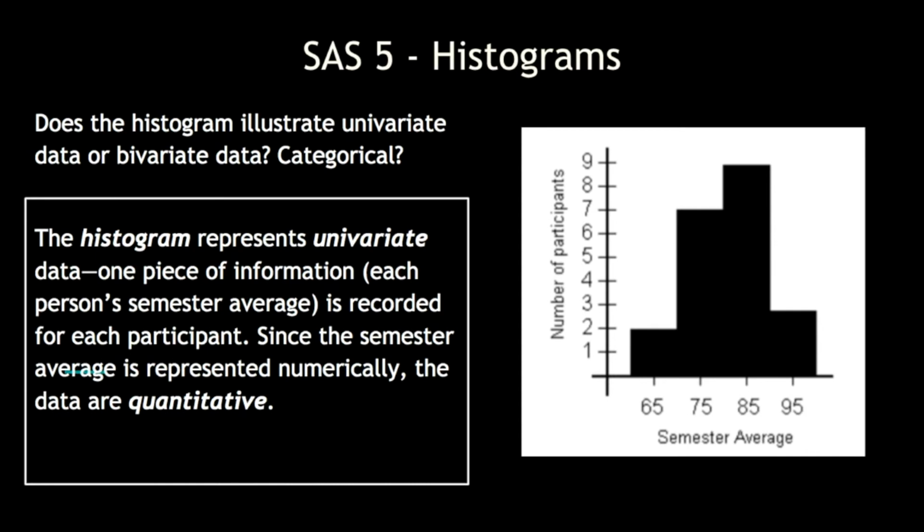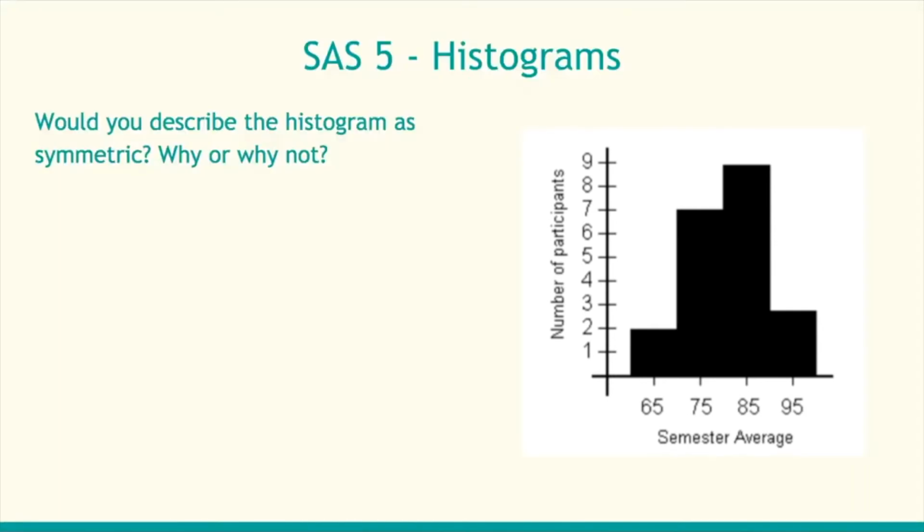It's not categorical. So would you describe the histogram as symmetric? Why or why not? So look at the mode. The mode is 9 right here, in between 80 and 90. We have 3 values to one side of it, and we have 9 values on the other side of it. We would say it's skewed to the right.